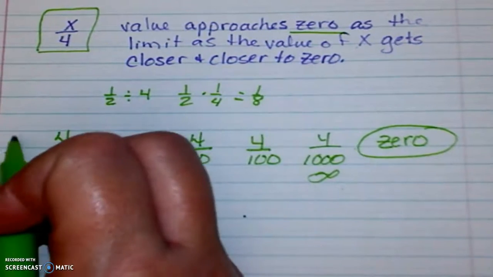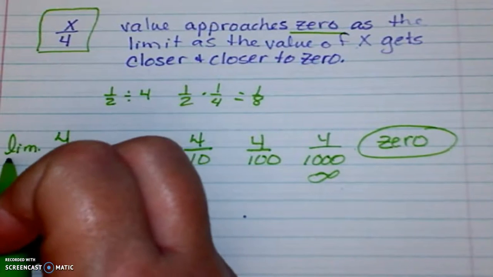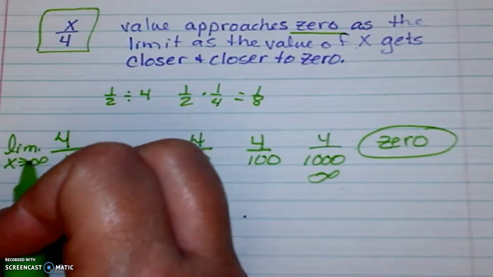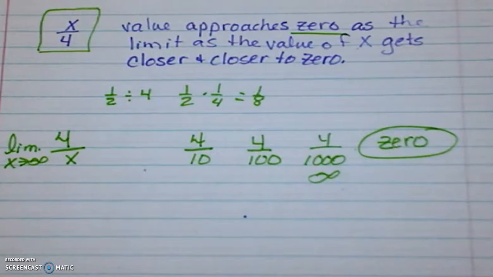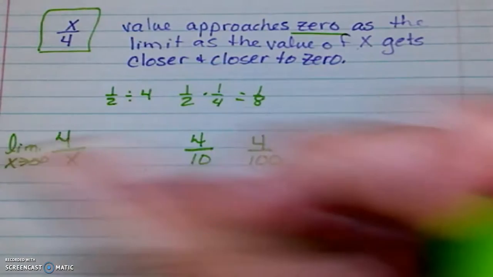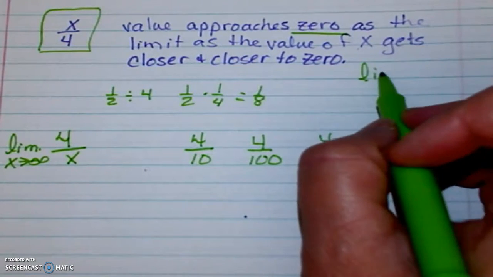So they're saying the limit as x approaches infinity, when x keeps getting larger, that fraction approaches 0. So that's one of the concepts that they were talking about in this particular lesson.